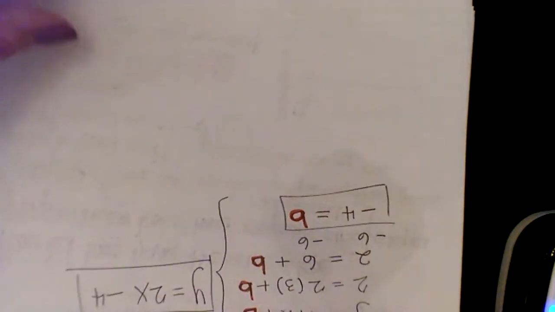Let me give you another exercise. This one says solve, and we have 6 divided by x minus x plus 9 divided by 5x equal to 2 over 5.